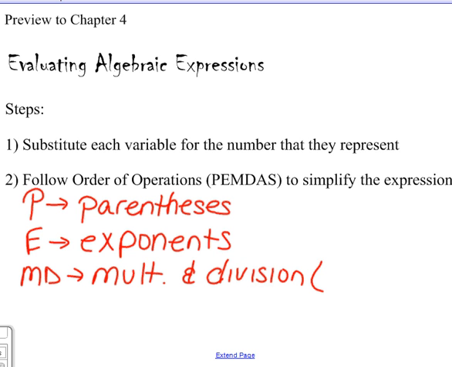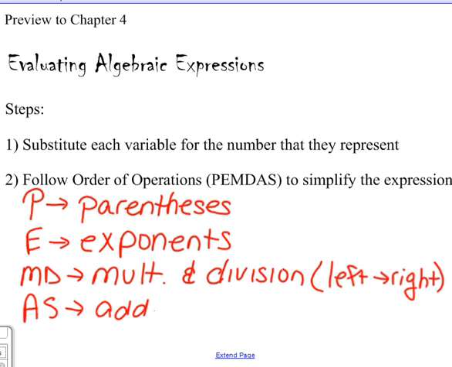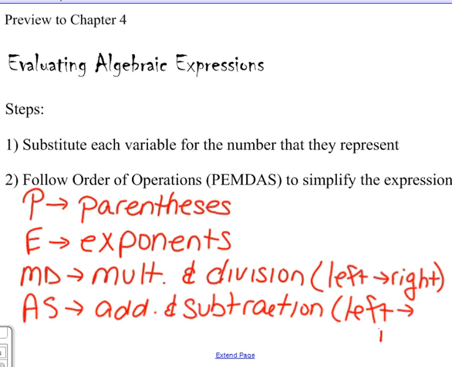Remember, with these two operations, you go from left to right. You don't always do multiplication first. The same thing with the A and the S. That stands for addition and subtraction. Again, you go from left to right. You don't always do addition first.